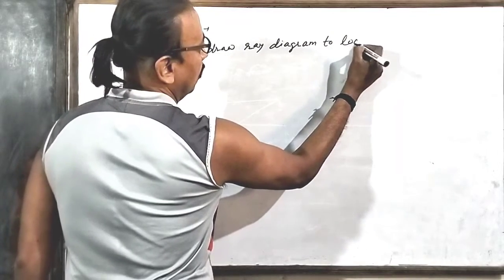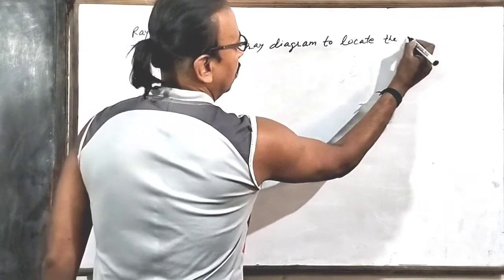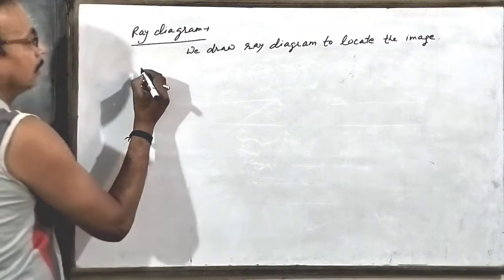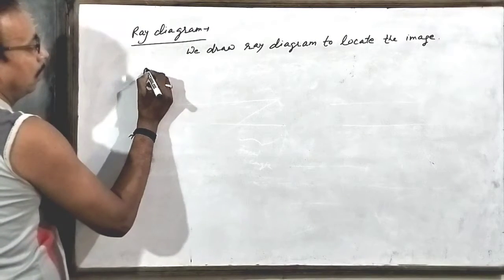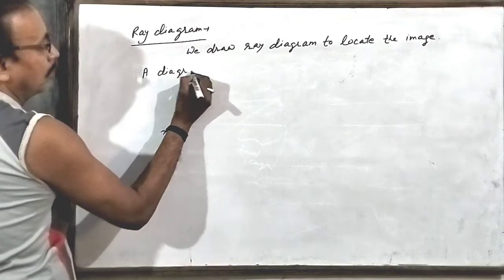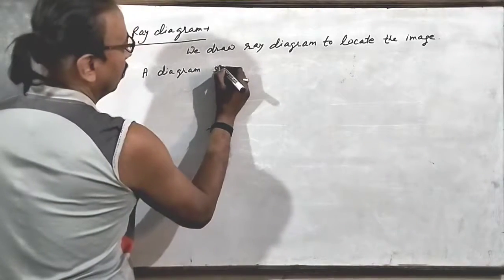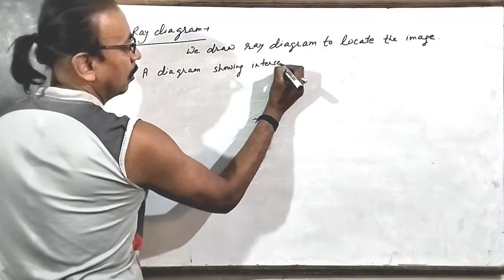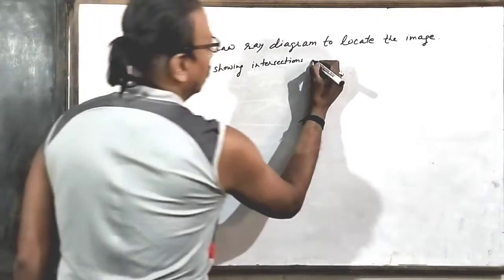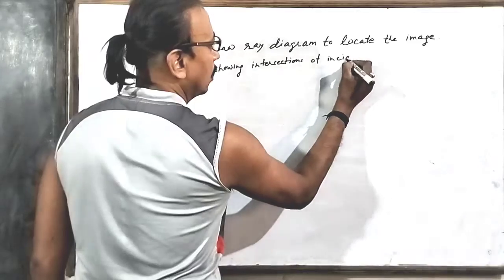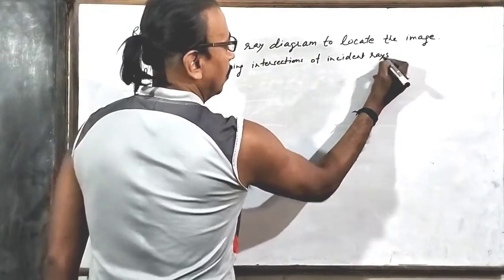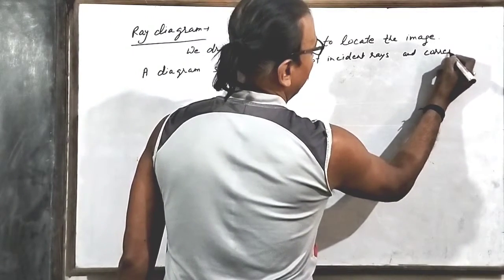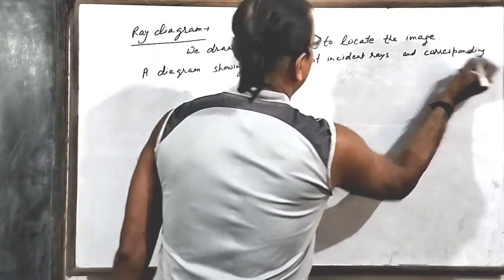A ray diagram is a diagram showing intersections of incident rays and corresponding reflected rays.